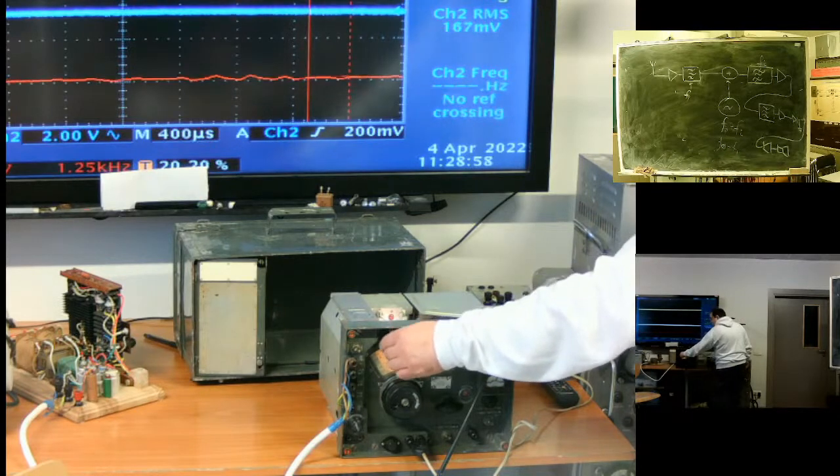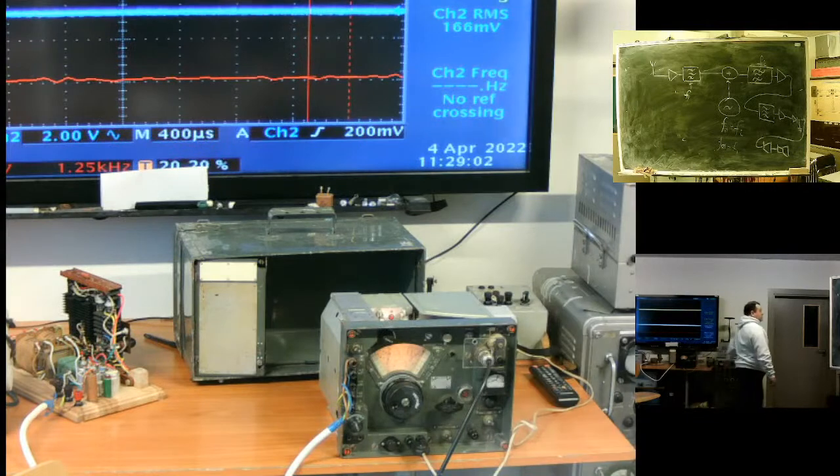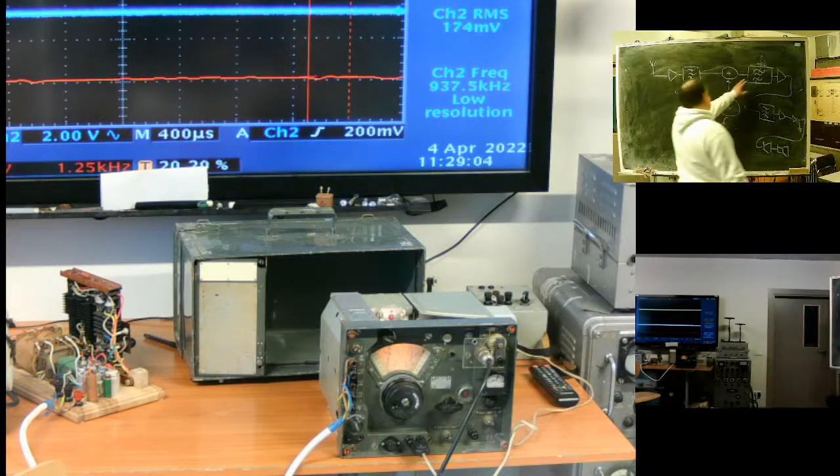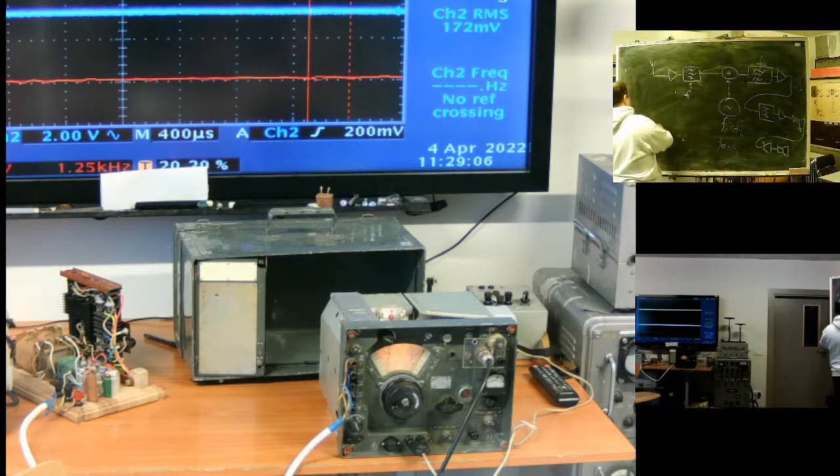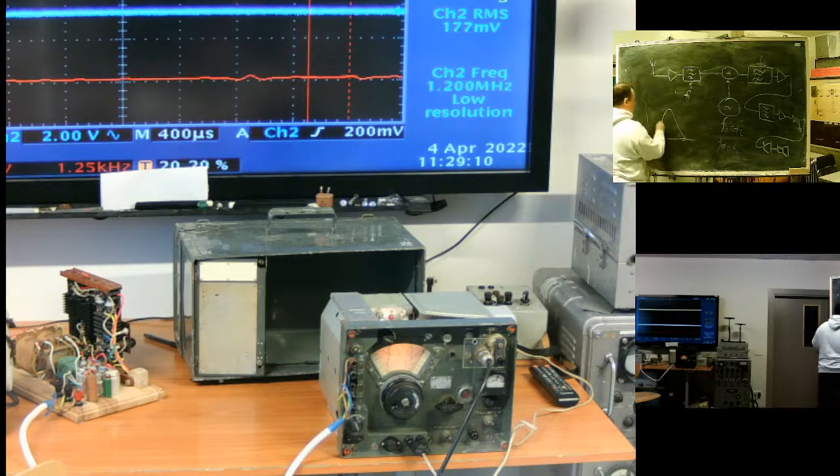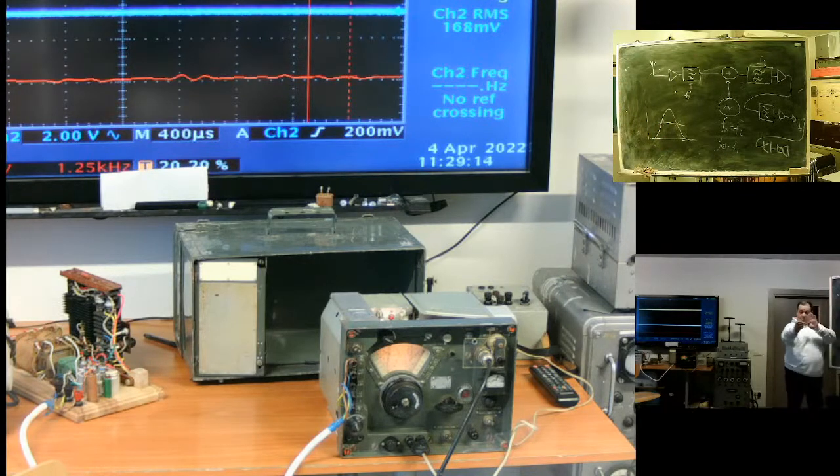So what may be special? I'm changing the passband of the intermediate frequency. It has the ability to change the passband of the intermediate frequency filter.